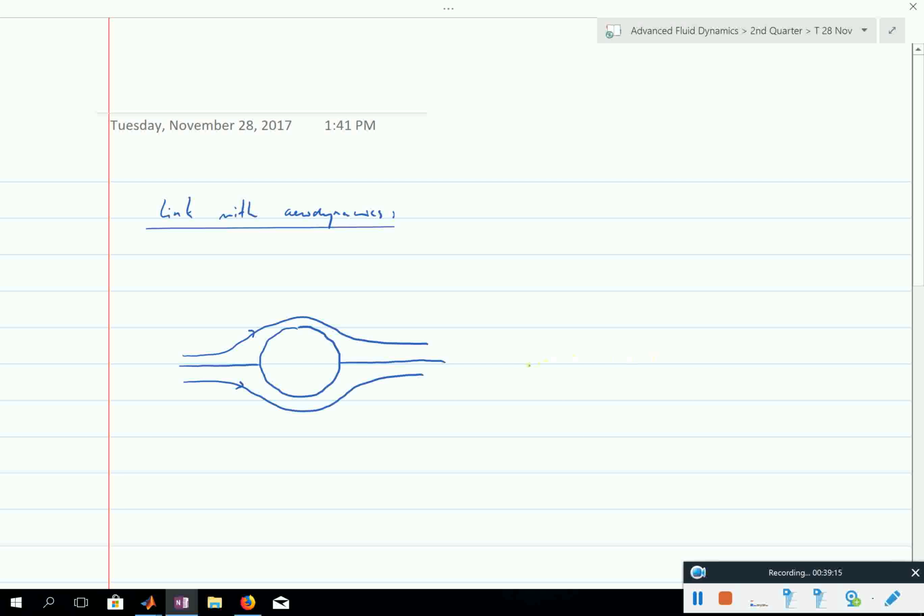You can directly do an analogy between the flow around the cylinder and the flow around a flat plate, and we take a flat plate as a proxy for an airfoil. So just think of the cross section of a wing. If you have a flat plate here, the streamlines don't even deviate, so you have just straight streamlines.